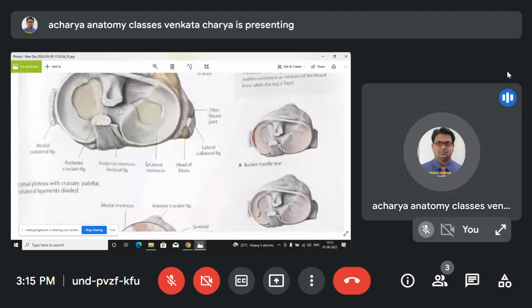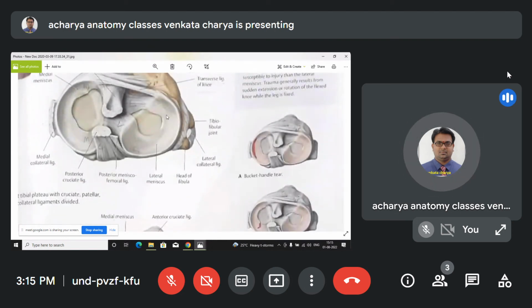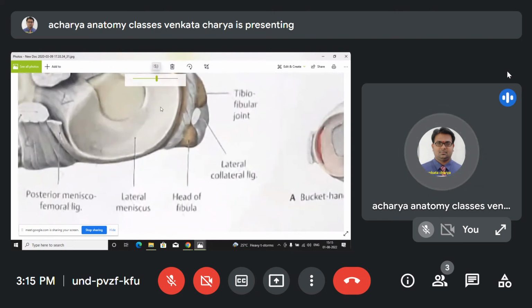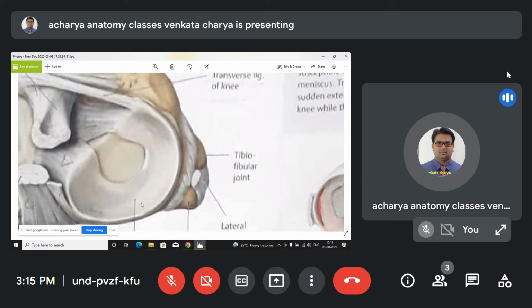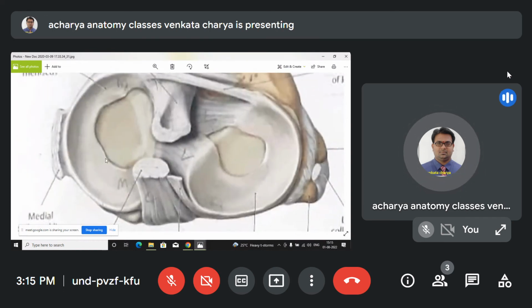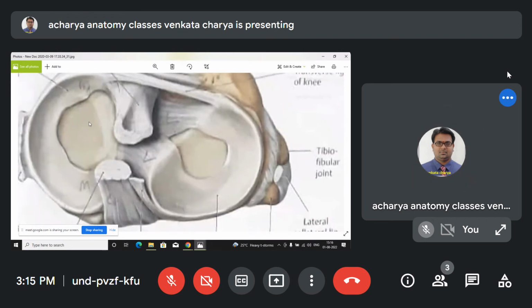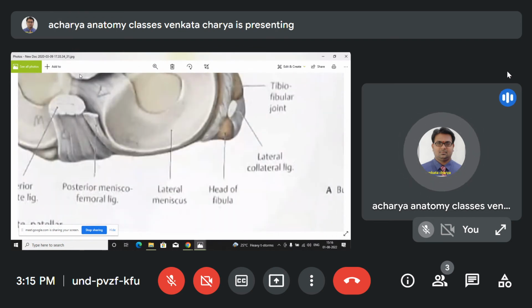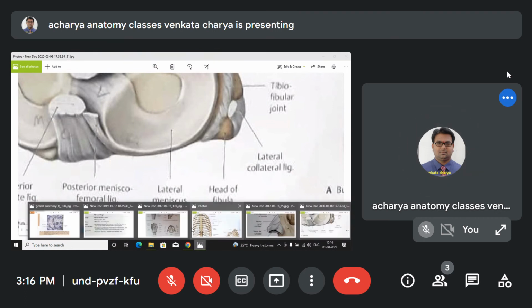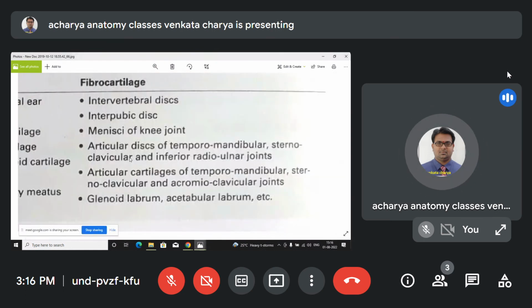So this one is a knee joint. See here, the C-shaped cartilaginous ring, which is present on the lateral side. See here is the lateral side and this is the medial side, so called the medial meniscus and lateral meniscus. Are you getting? So this meniscus is also made up of fibrous cartilage.